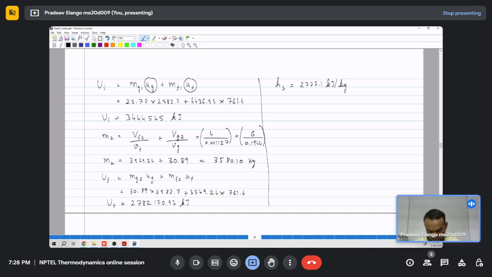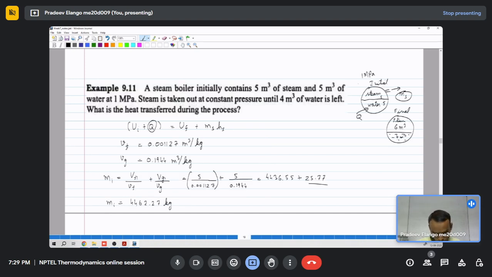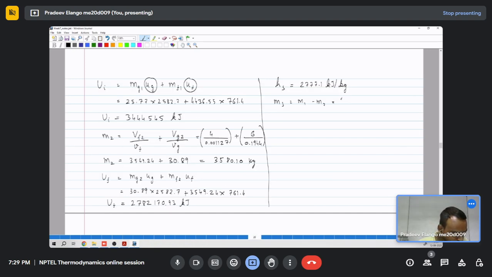And we know ms is m1 minus m2, that is 4462.27 minus 3580. So this is ms. Can you calculate ms? Sir, 882.6 kilogram. Now we can calculate ms into hs. So that is the enthalpy lost.